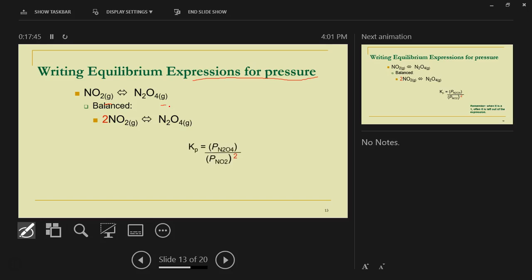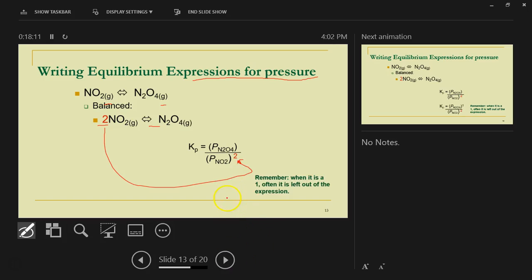Hopefully this is your equation. The partial pressure of your dinitrogen tetraoxide raised to the power of the coefficient. Of course, there's no number there, so technically that's a 1. Divided by the partial pressure of your nitrogen dioxide raised to the power of the coefficient. That's where I'm getting that number 2 from.